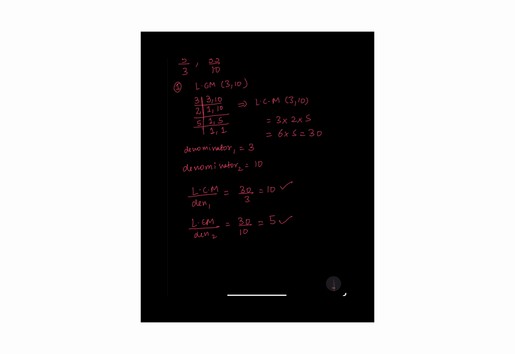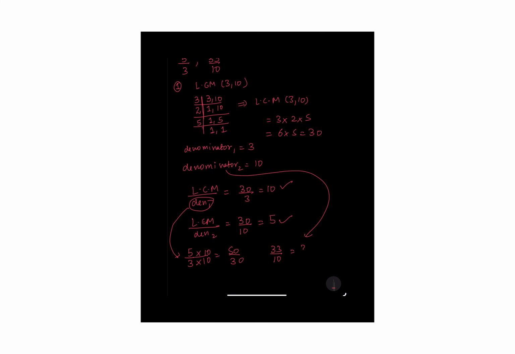For the first number where the denominator was 3, we'll multiply and divide numerator and denominator by 10. We'll get 50 upon 30. On this side, for denominator 2, we'll have to multiply that given fraction, that was 33 by 10, numerator and denominator by 5.